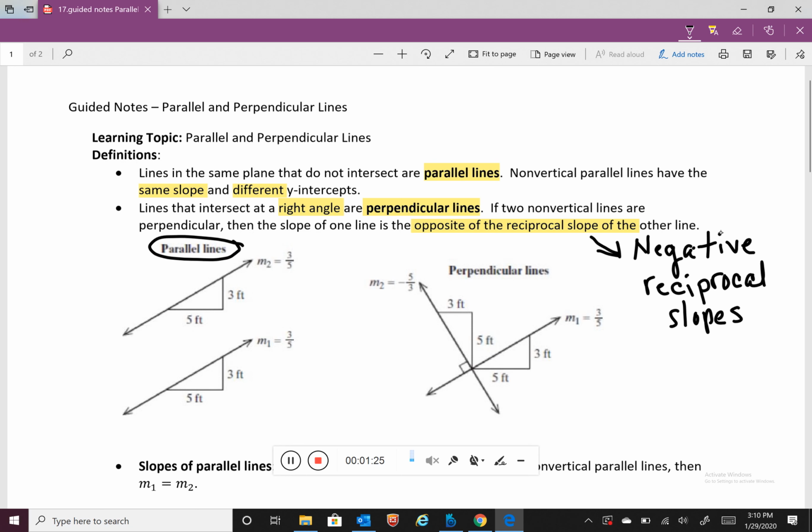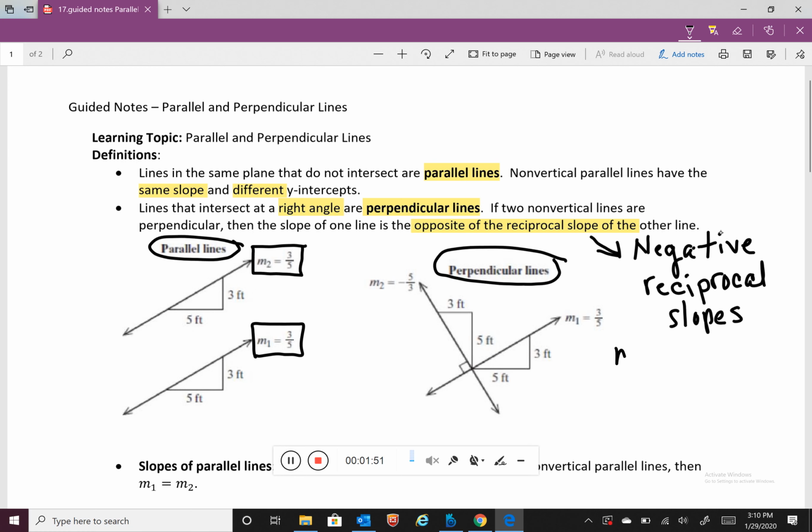If we look at the two examples below, for parallel lines, which do not intersect, they have the same slope. So the slope of one line, in this case 3/5, is equal to the slope of the other one, also 3/5. Now for perpendicular lines, the slopes are negative reciprocals, so the opposite of the reciprocal of one.